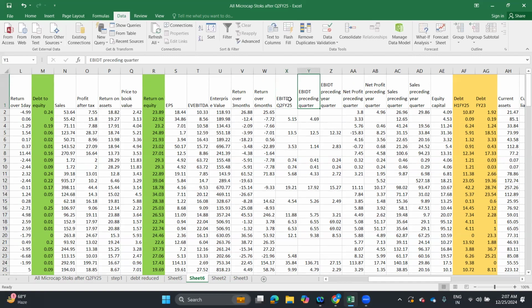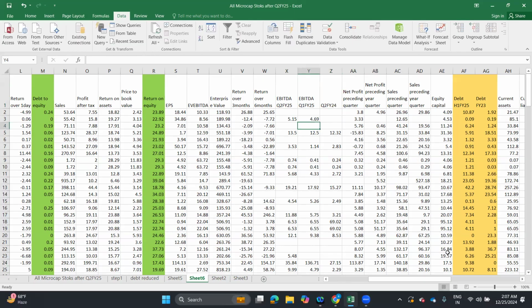EBITDA preceding quarter means what is the preceding quarter? Q1 FY25, and the preceding year quarter is Q2 FY24. Correct.